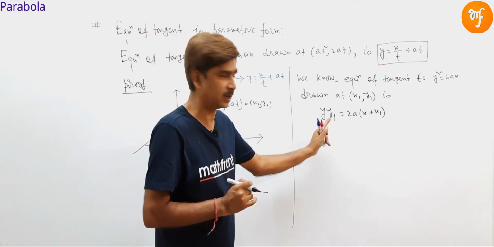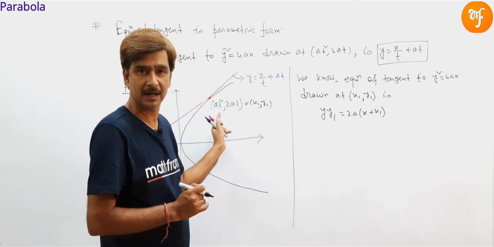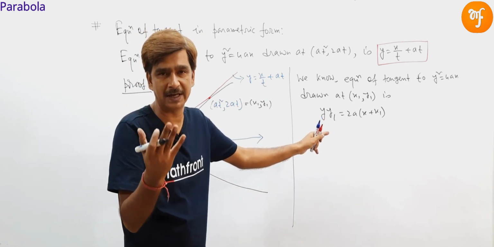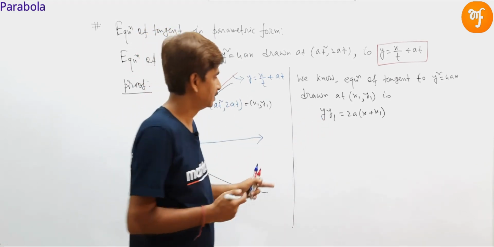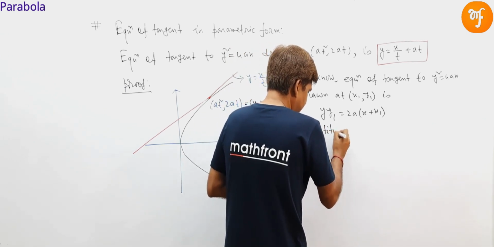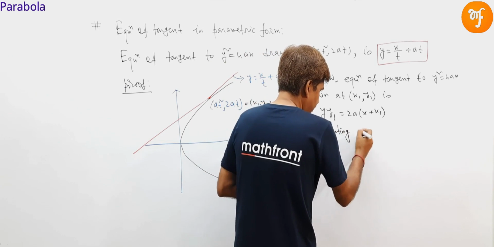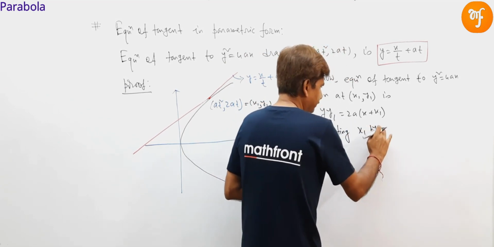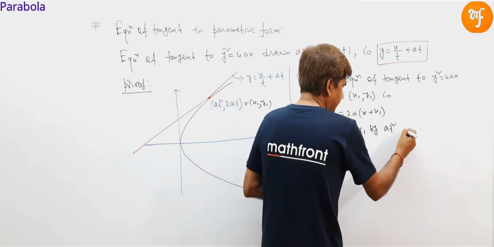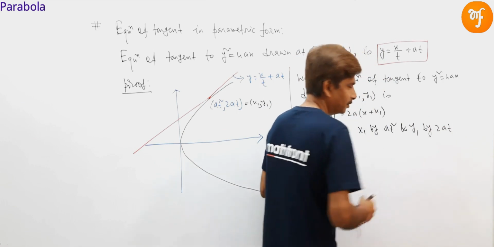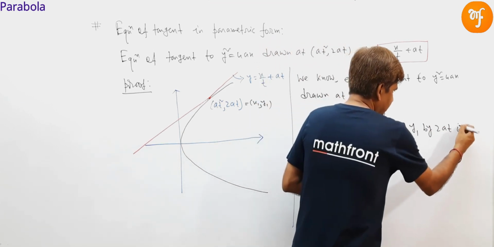Now if we substitute x1 by 80 square and y1 by 280 in these equations, we will get the equation of the tangent in parametric form. So substituting x1 by 80 square and y1 by 280 in this equation.